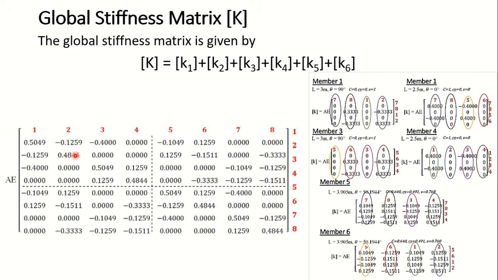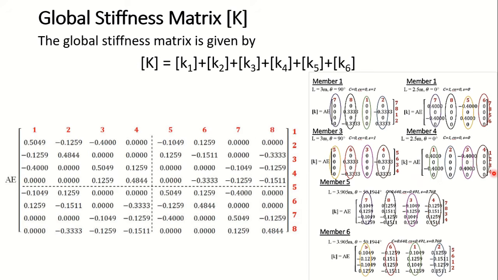Okay, if I want to obtain the global stiffness coefficient k22, so k22 is 0.333 here in the first member. Member number 2, we don't have a second coordinate coming over there. Similarly member 3 also is not sharing any second coordinate.